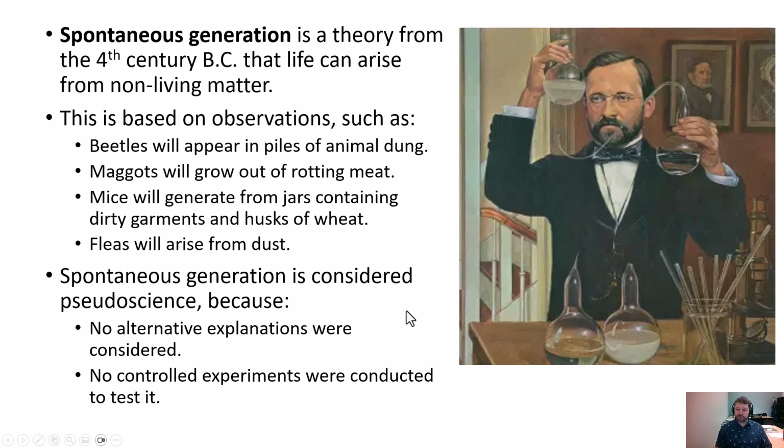So not all pseudoscience, I don't want to make it seem like pseudoscience is a bad thing. Sometimes it's just an explanation. That's what happened with spontaneous generation. They didn't know. They had no idea, so they just said things could spontaneously generate. And we now know that that's not the case. Okay, next time we're going to talk about the scientific method.